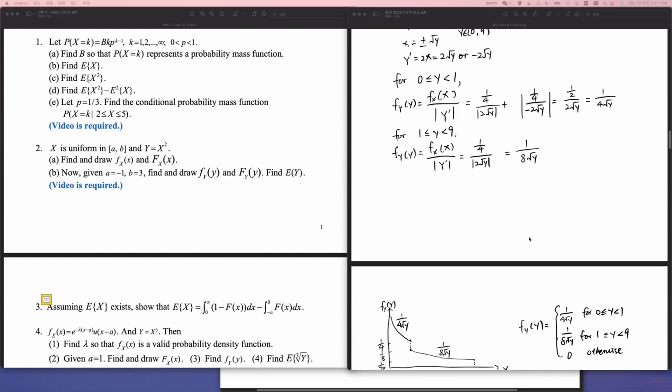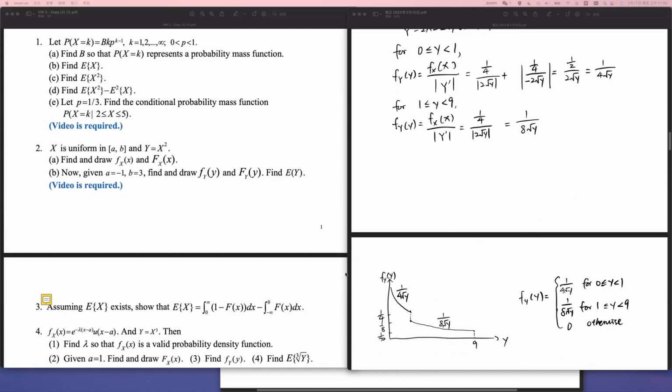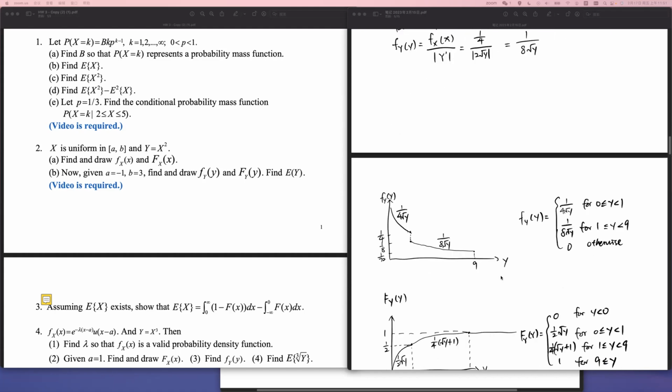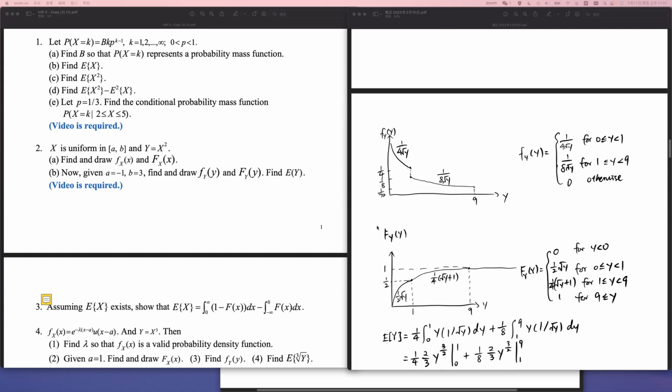And then I draw the graph. From y equals 0 to 1, it's this part, and 1 to 9 is this part, and 0 otherwise. And try to find big F_Y.